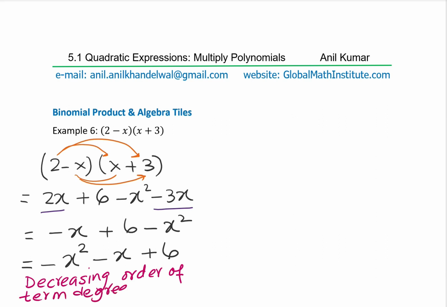Is that clear? It is essential. So we got our result, and now let us try to figure out how to do this question with the help of algebra tiles. So let's try to model this. We need to do 2 minus x with x plus 3. Let me take x plus 3 here. So let's say this is x, and then we have got 3 units.